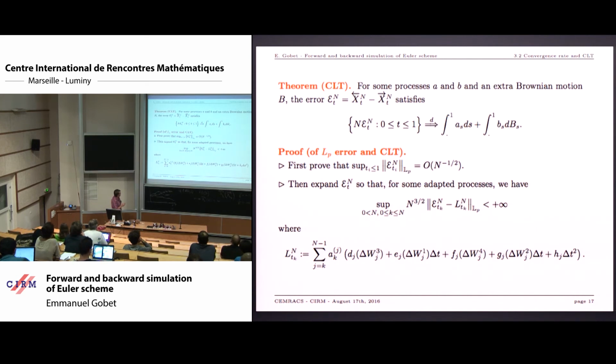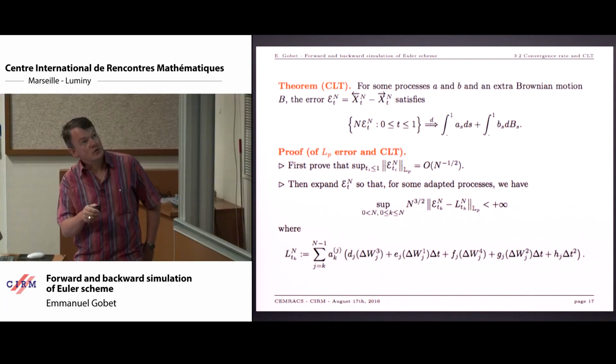And the central limit theorem holds at the rate n. So that is n times the renormalized error. So this is a functional central limit theorem. This process will converge to a stochastic integral plus a drift part here, a bounded variation part.